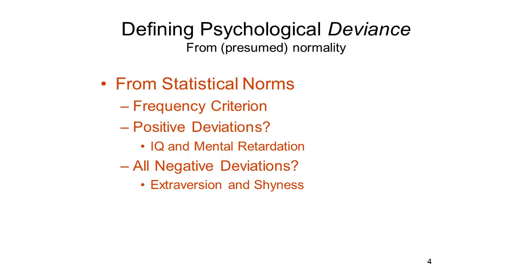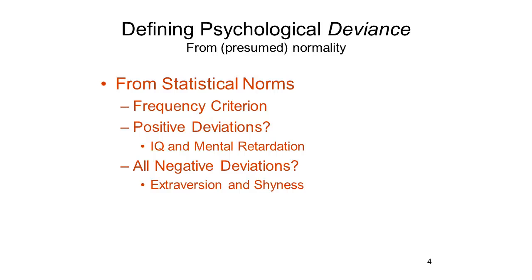But there's also the problem of what to do about positive deviations. An IQ less than 70 is more than 2 standard deviations away from the mean IQ of 100, and if other factors are also present, can lead an individual to be classified with a form of mental illness known as mental retardation. But an IQ of 131 is also more than 2 standard deviations away from the mean, and can lead an individual to be classified as a genius.